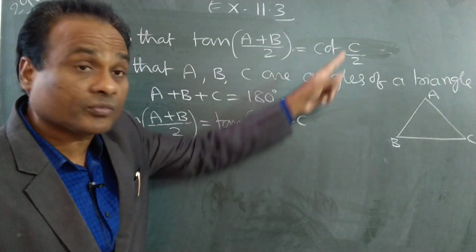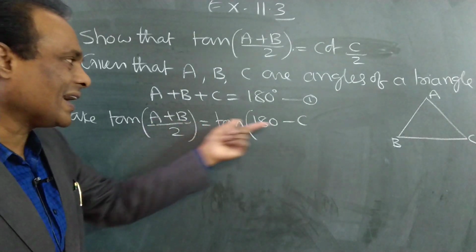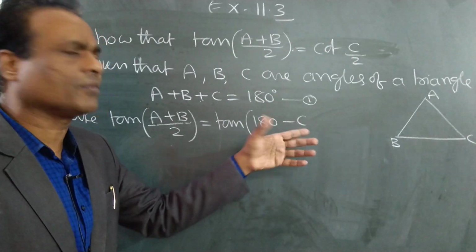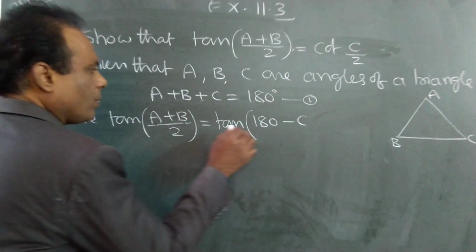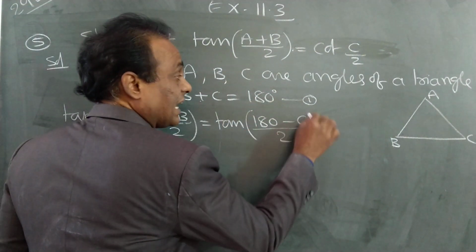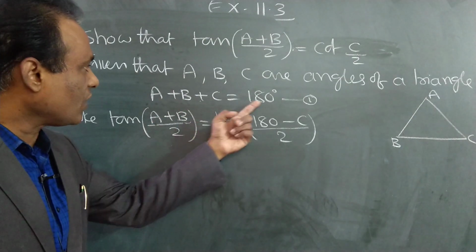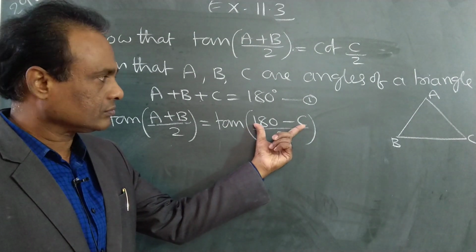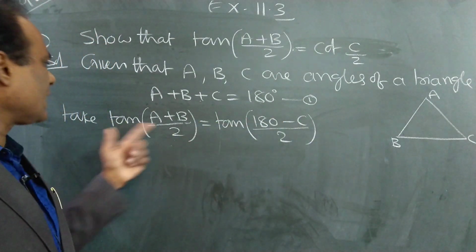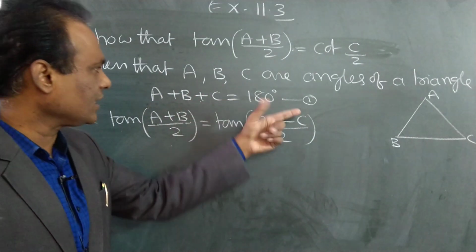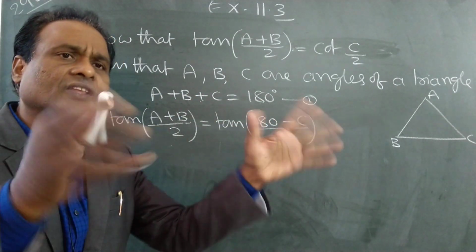Because the answer is in terms of C. Can we write like this? Yes, it is correct, because if we take plus C to the right side, it becomes minus C. By 2, same. I am not changing anything. Tan A plus B by 2 is tan of 180 minus C by 2, everything same.